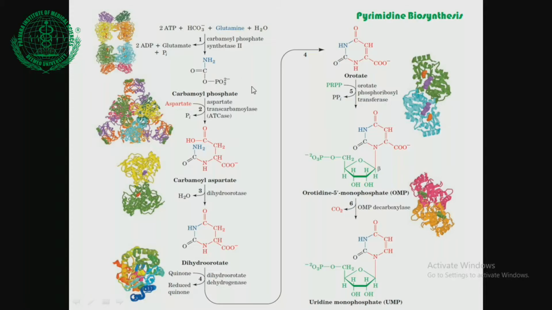In the next step, carbamoyl phosphate is condensed with aspartate, and that gives carbamoyl aspartate. The step is mediated by aspartate transcarbamylase. In the next step, carbamoyl aspartate undergoes intramolecular condensation or dehydration that gives a ring form. It's a pyrimidine ring form that is called dihydroorotate, and the enzyme which mediates this step is called dihydroorotase.